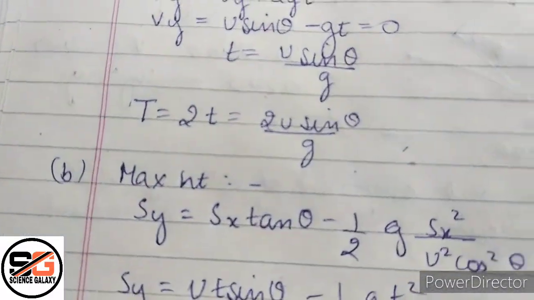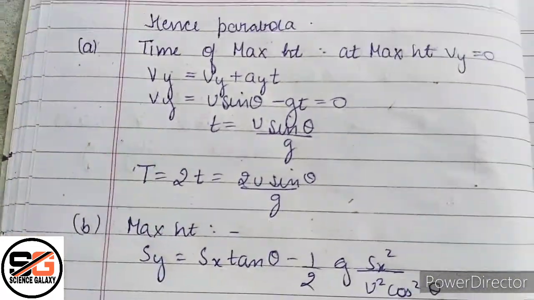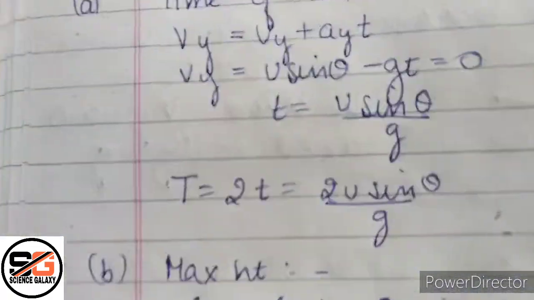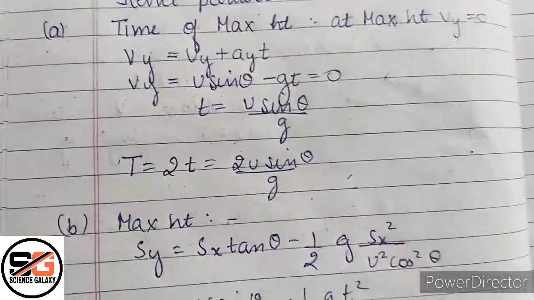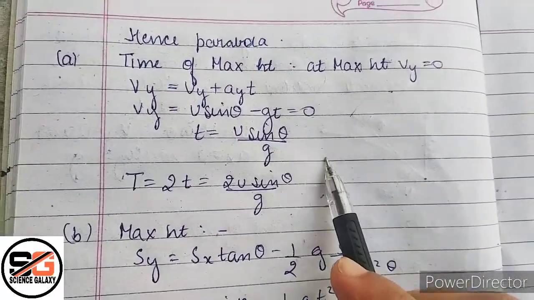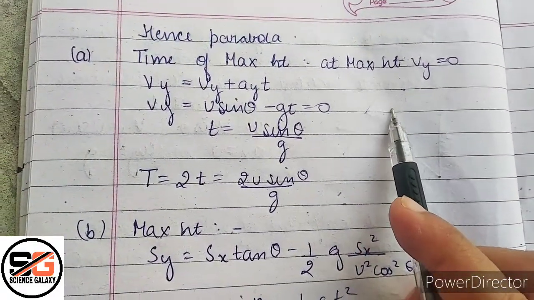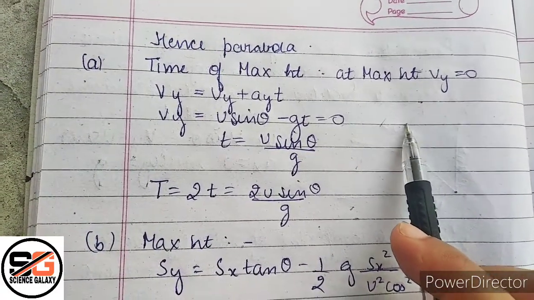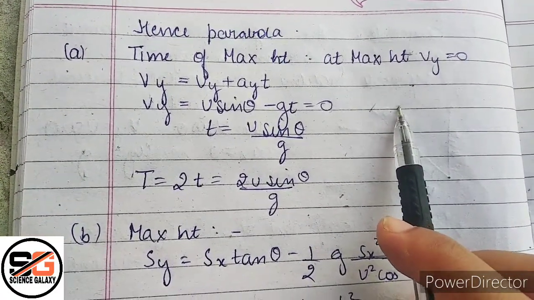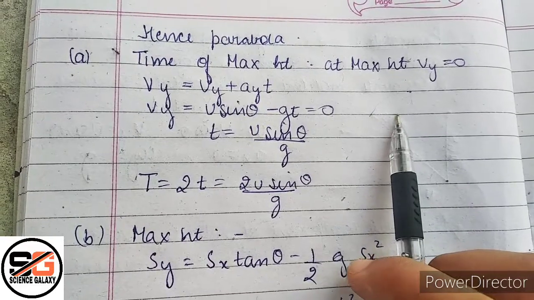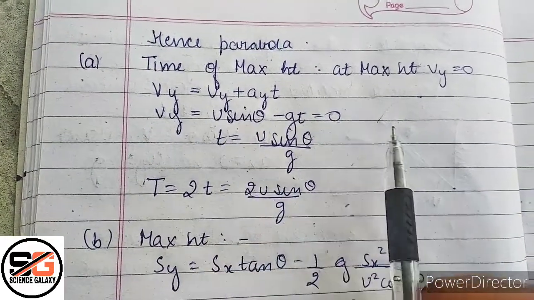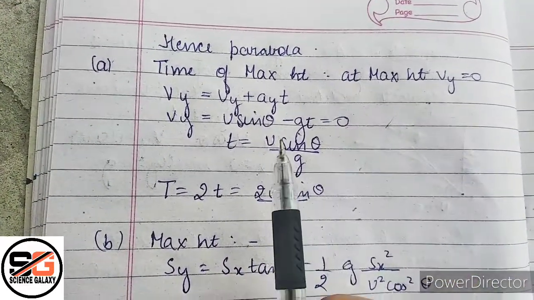But Vy will become 0 because at maximum height the velocity becomes 0. When the object rises from this point to this point, it faces a deceleration, and then its velocity becomes 0. So at this point the velocity is 0.